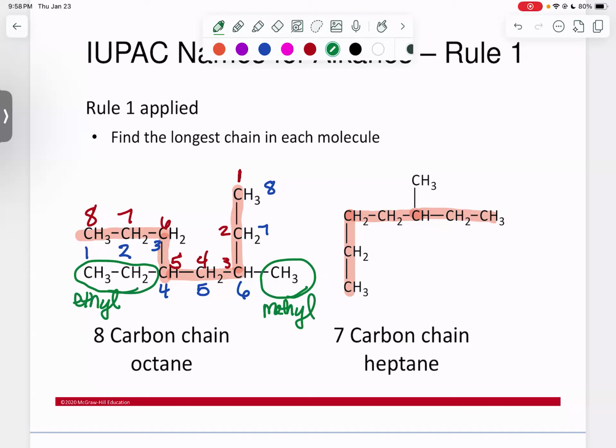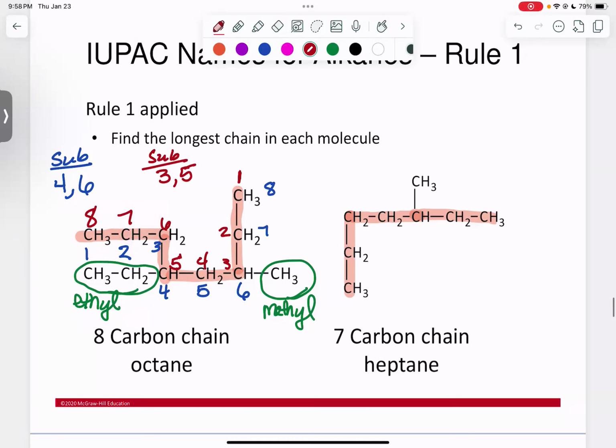So if I start with my blue numbering system, my ethyl is going to be on carbon number 4, and my methyl is going to be on carbon number 6. So this is where my substituents are. They're on 4 and 6. If I do it in the red, my substituents are on 3 and 5. So I want to know which one is lower. That's the one I have to go with.